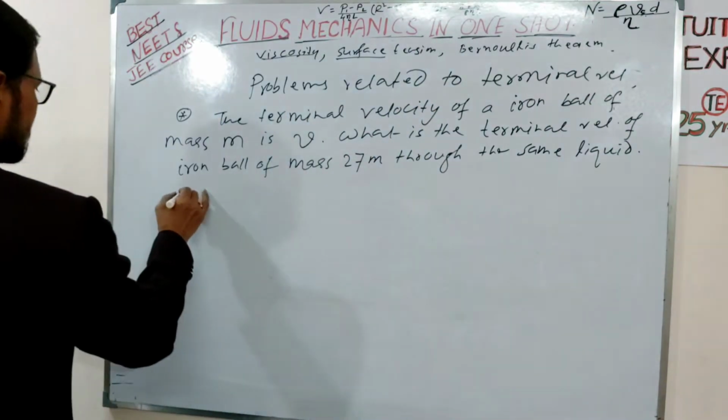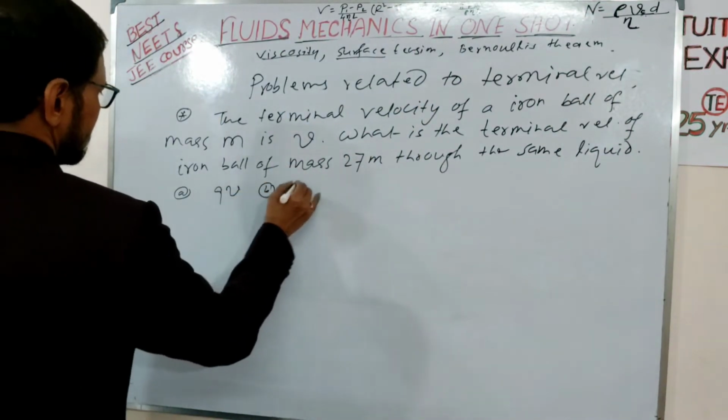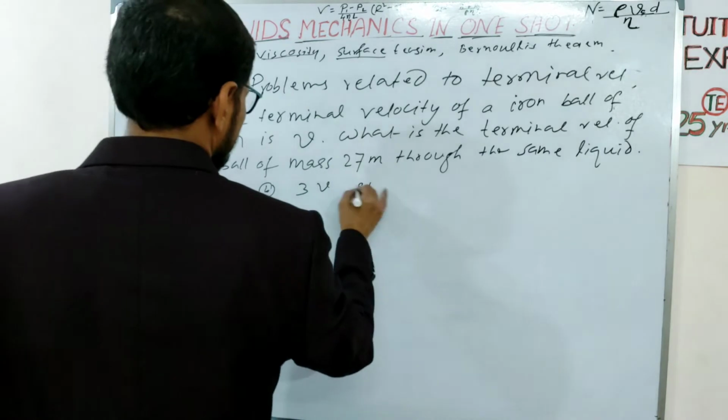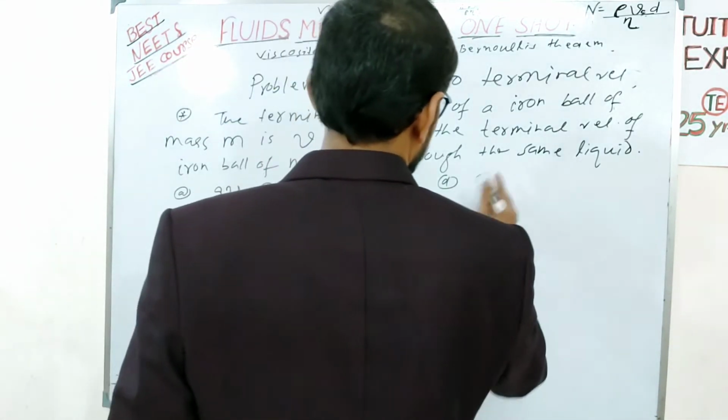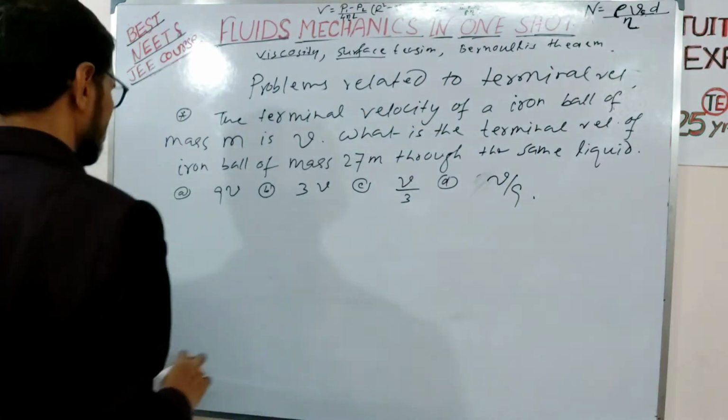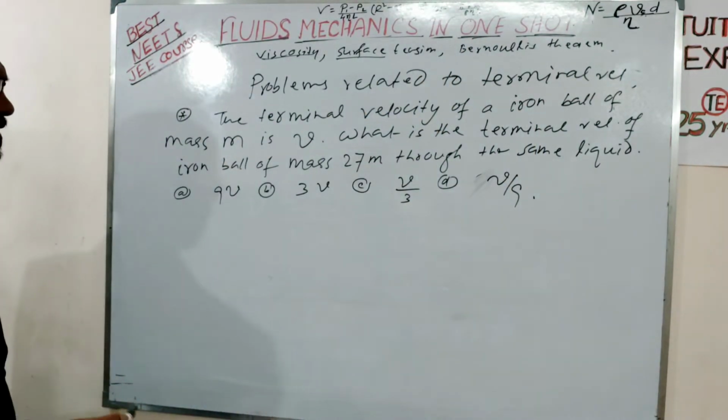The options given are 9V, 3V, V by 3, 9, V by 9. So this is the one problem.